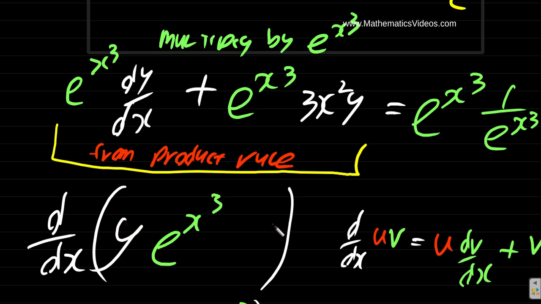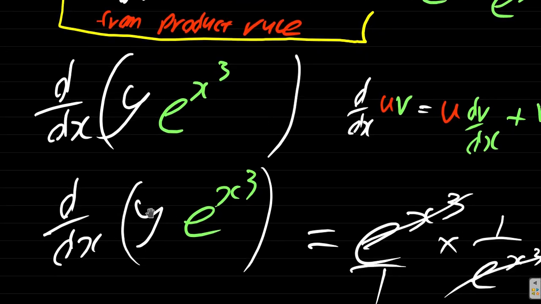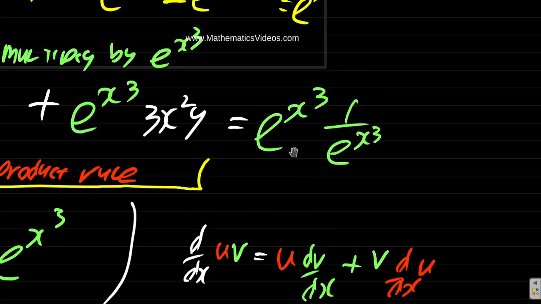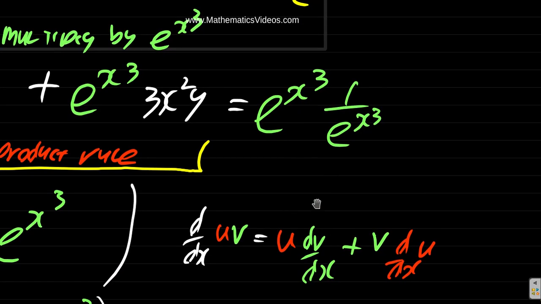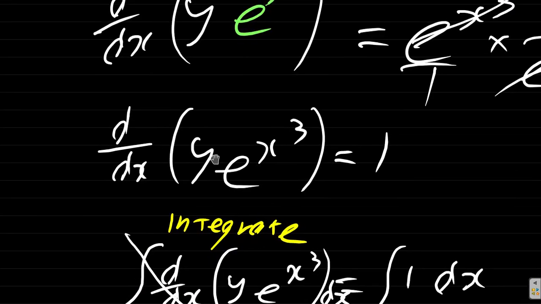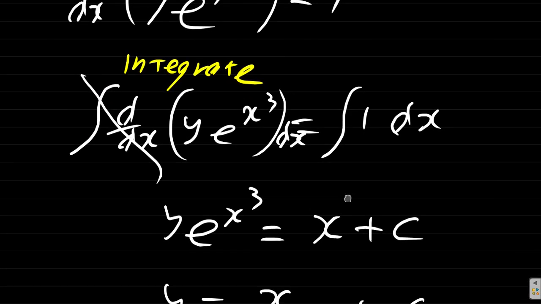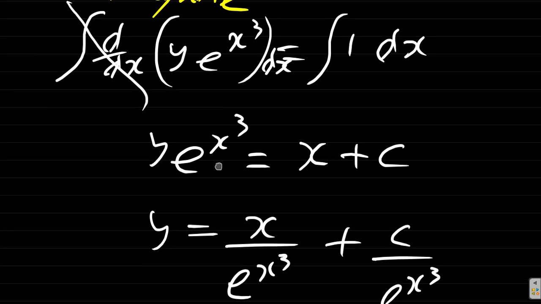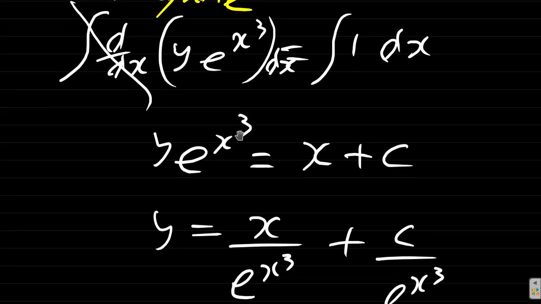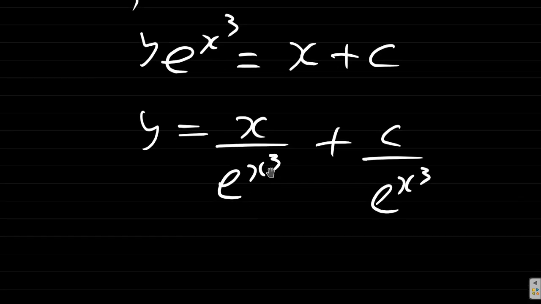The derivative of y e to the x cube is equal to the right hand side, but these cancel out to leave 1. You integrate both sides, and you have y e to the x cube equals x plus c. Divide both sides by e to the x cube, and we get x over e to the x cube plus c over e to the x cube.